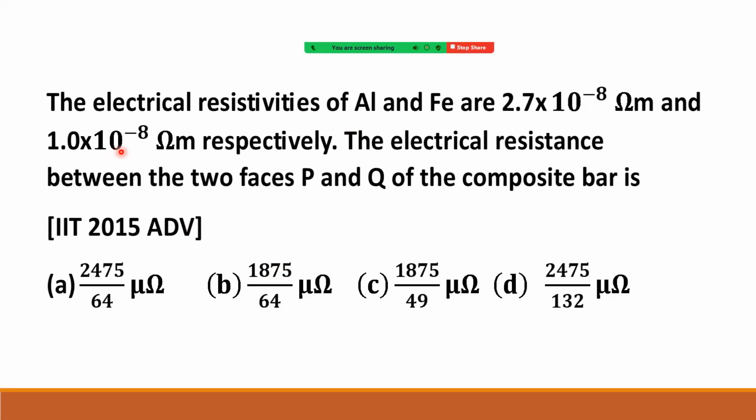The electrical resistivities of aluminum and iron are 2.7 10 power minus 8 ohm meter and 1.0 10 power minus 8 ohm meter respectively. The electrical resistance between the two faces P and Q of the composite bar is. So this is a question asked in 2015 Advanced. Let us see how to solve it.